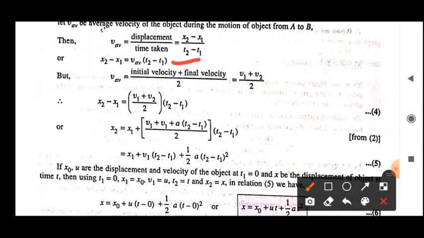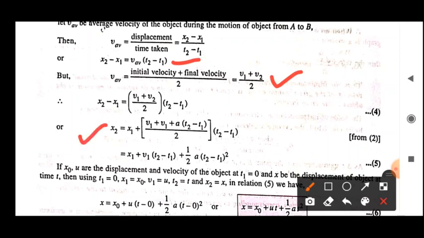Now you know average velocity is equal to initial plus final velocity upon 2, since our acceleration is uniform, as I have just told you. So let's use this formula. In place of v average we can write (v1 plus v2) upon 2 times (t2 minus t1). Let's solve for x2.